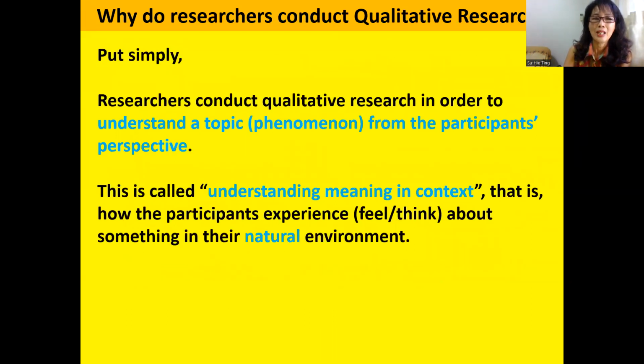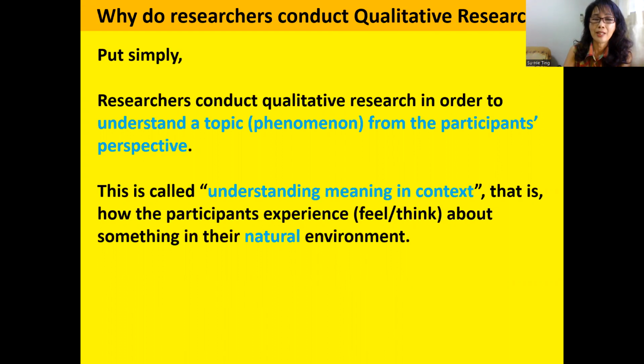So put simply, researchers conduct qualitative research in order to understand a topic or phenomenon from the participant's perspective. This is called understanding meaning in context. That is, we want to know how the participants experience, feel, or think about something in the natural environment.